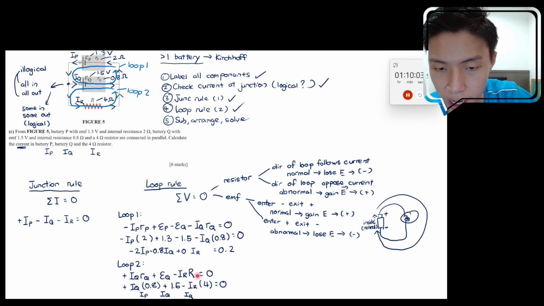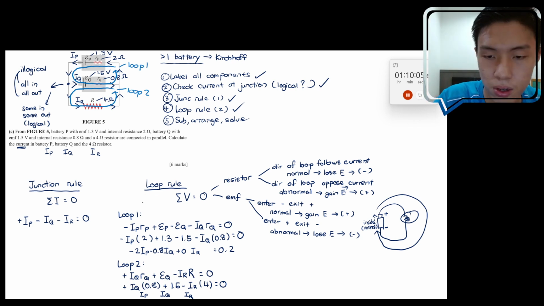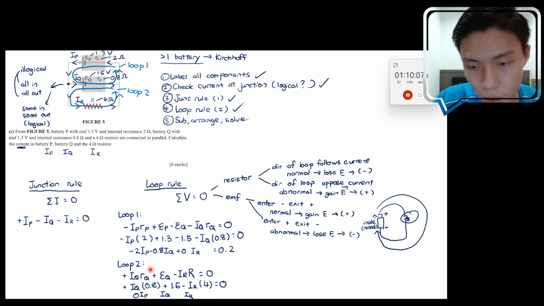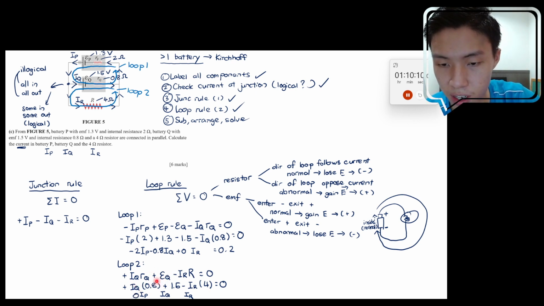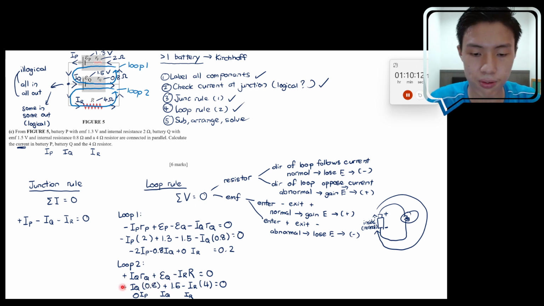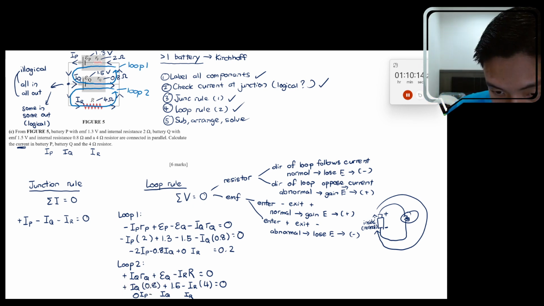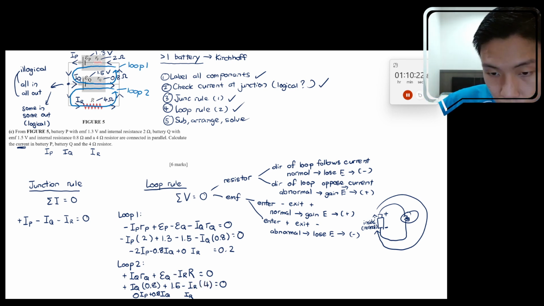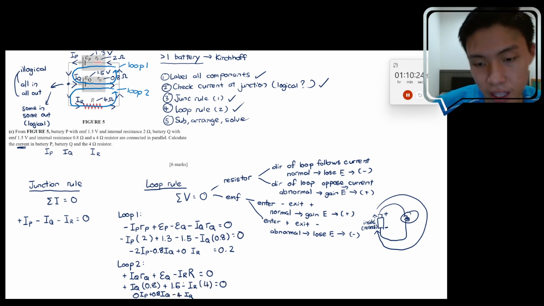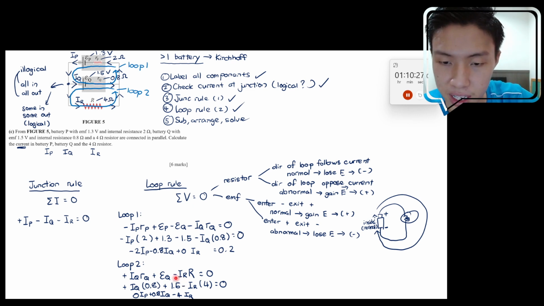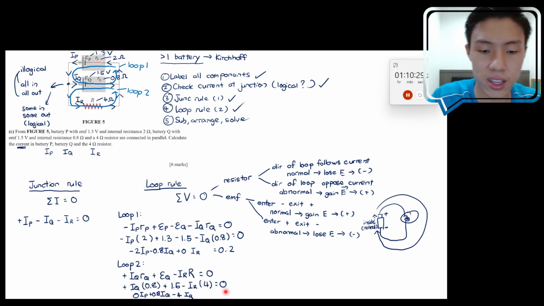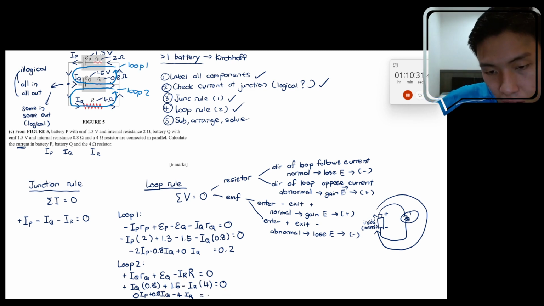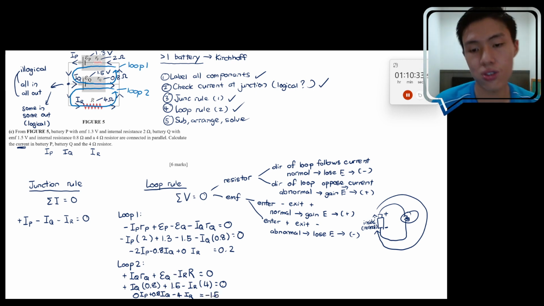There's nothing for IP, so that's 0. What do you have for IQ? You have 0.8 positive, plus 0.8 IQ. Then next, you have your IR. IR is over here, that's negative 4. Then the rest of the stuff, you bring it to the right. That's 1.5. Shift it to the right, you get negative 1.5. So that's how you arrange your equation.